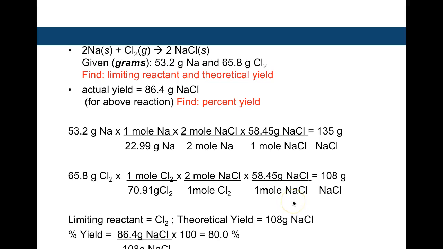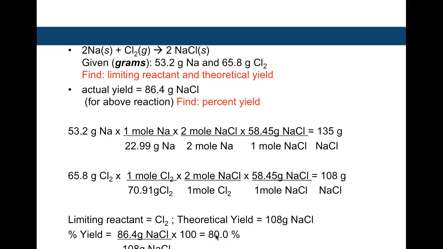All right, but you were only able to get 86.4 grams of sodium chloride. So 86.4 grams divided by the 108 grams, all right? So 86.4 divided by 108 times 100 is 80%.